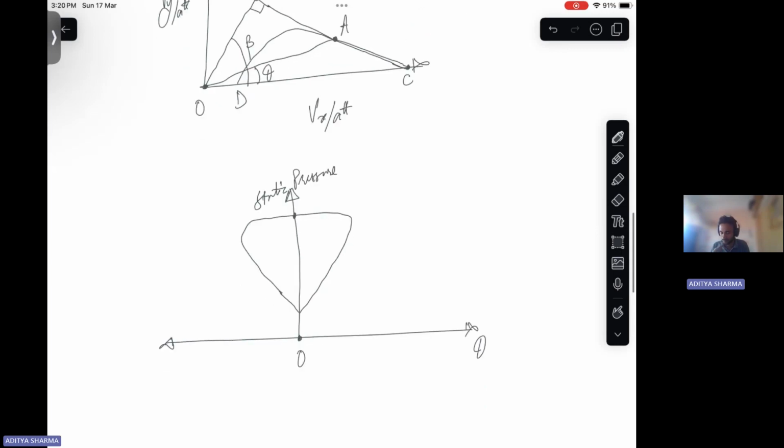So this is not just for one case. One is left running, and the other is right running.